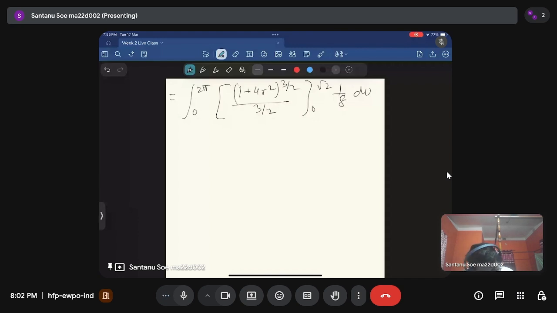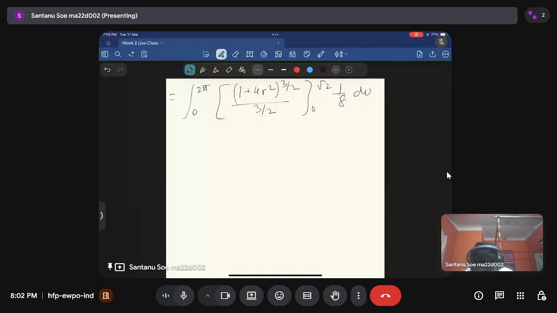So this is minus 3 times the integral from 0 to pi of 3 cos theta minus 3 d theta.